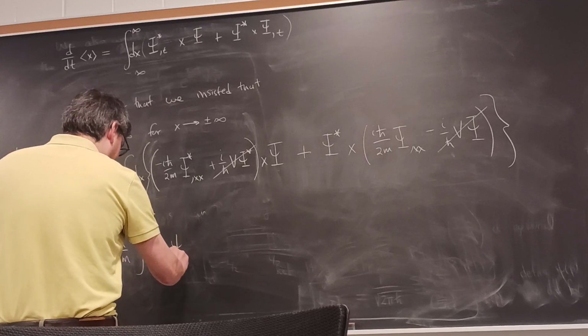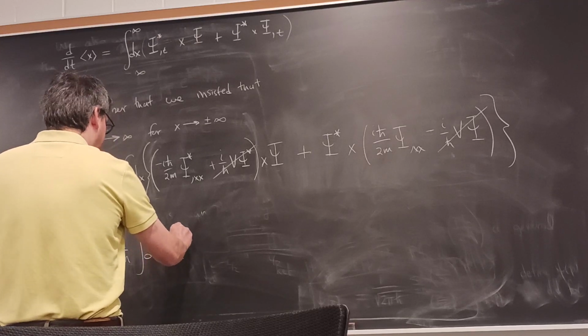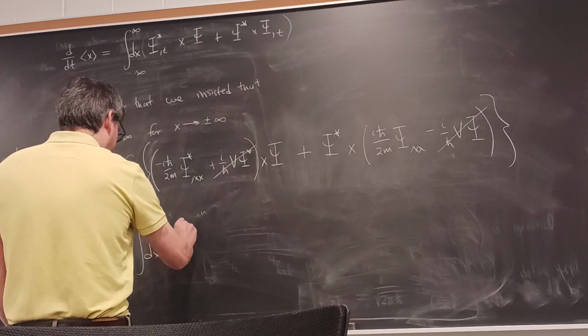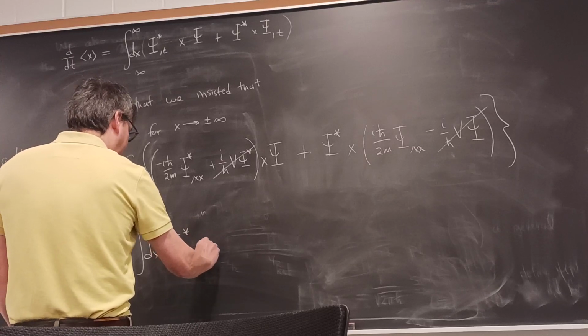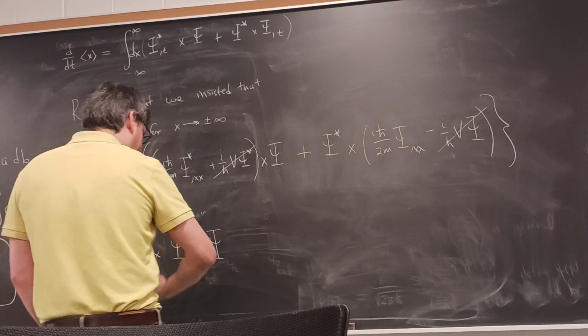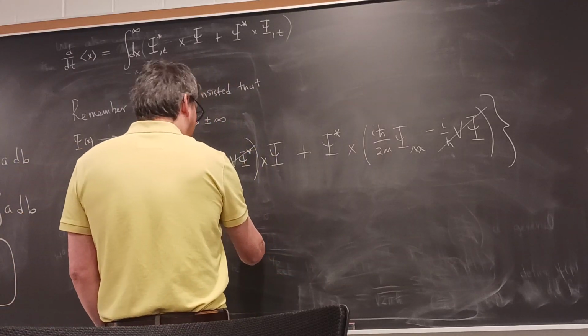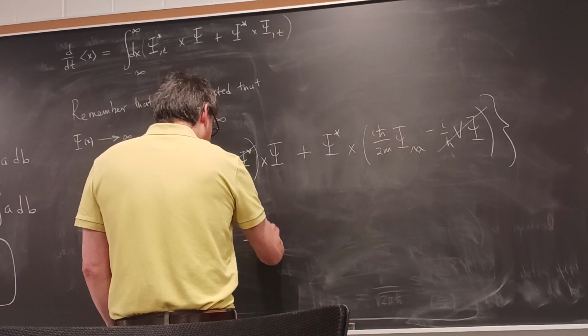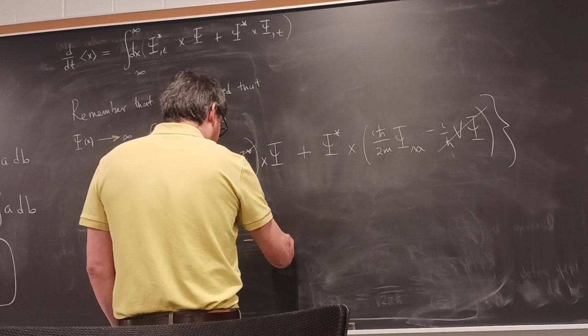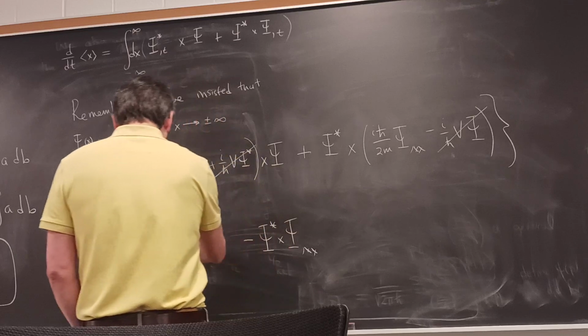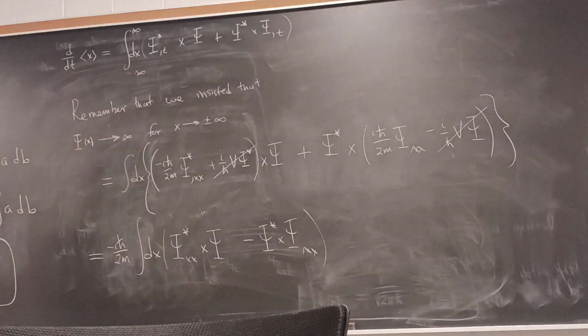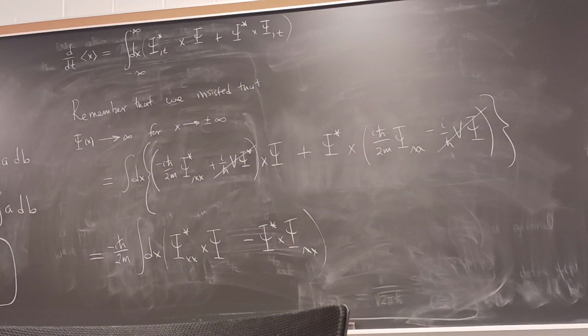So it'll be psi star comma xx times x times psi, minus psi star times x times psi comma xx. Right, I think I got my minus right there.